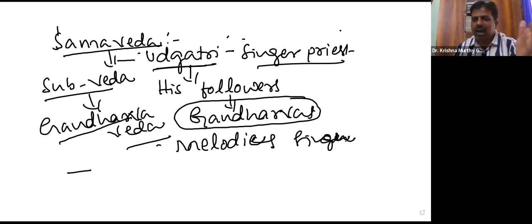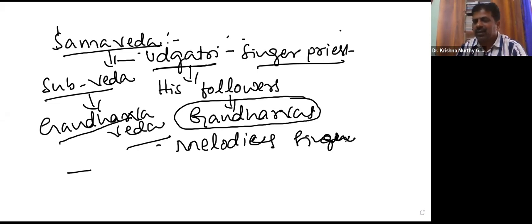Yajurveda also has its own sub-Veda called Dhanurveda. It clearly defined the war techniques of the people of the ancient days, the war developments of that time. And the last Veda is Atharvaveda.